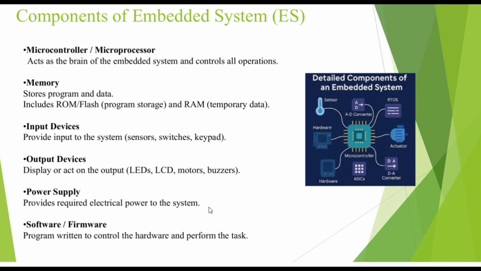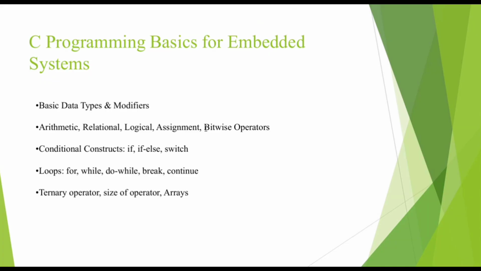Then in the next slide, we will see the C programming basics for embedded systems. In this internship, I learned C programming from basics to advanced level. For embedded systems, it is really essential to learn C programming. The question is, why is the C language used?